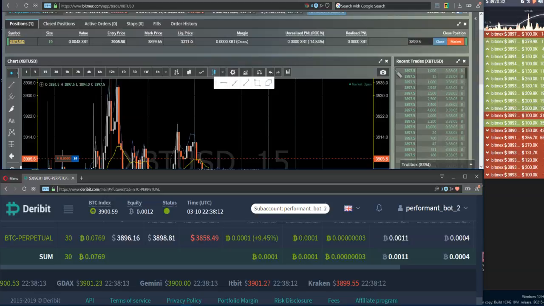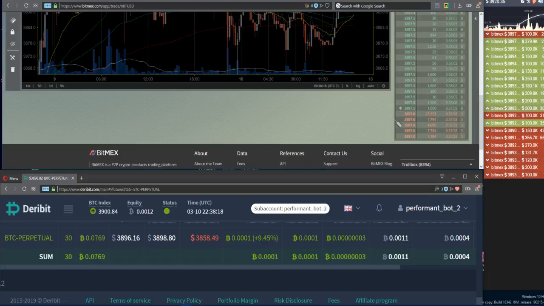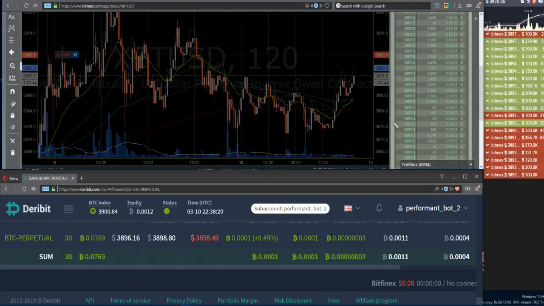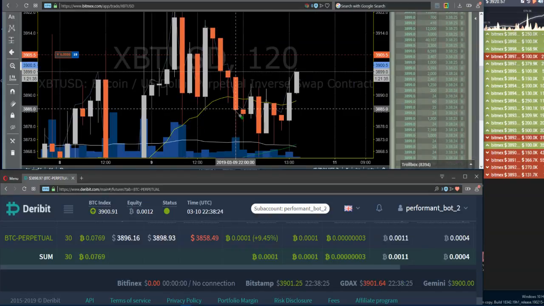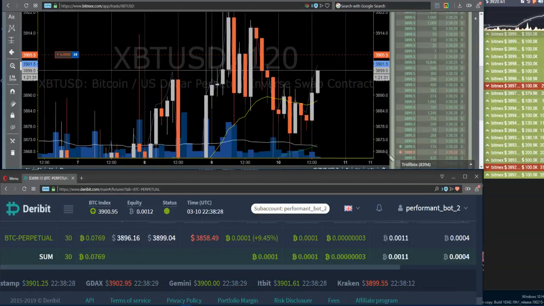So let's go to the 2-hour chart. See what these moving averages are looking like. It's breakout time now. Breakout time.